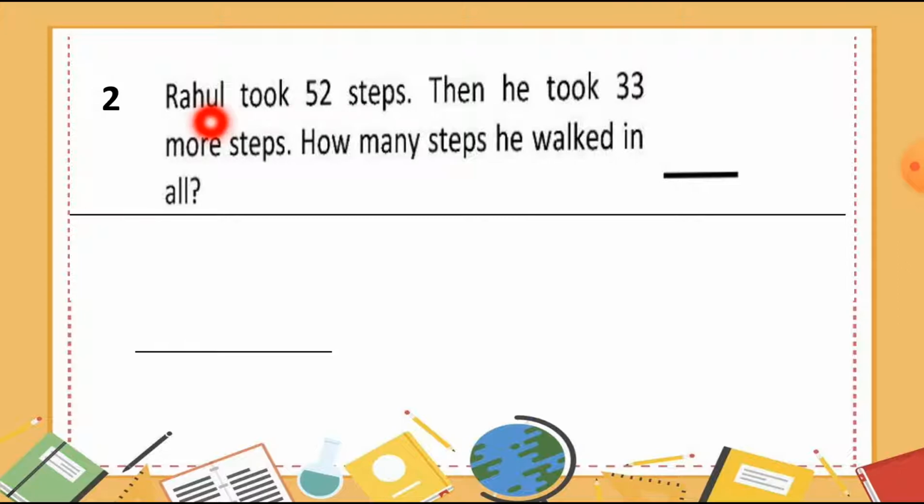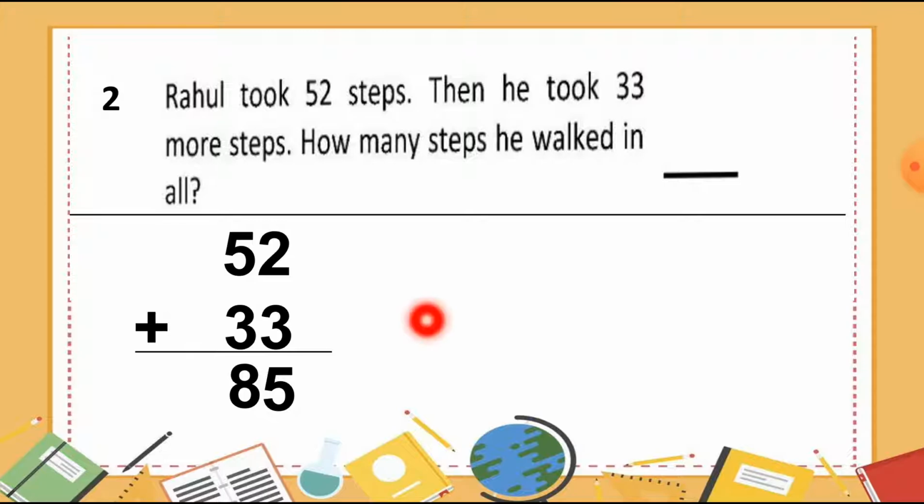Next example. Rahul took 52 steps. Then he took 33 more steps. How many steps did he walk in all? First of all he took 52 steps and then 33. So in all means addition. So we have to add these two numbers, 52 plus 33. In this, 2 plus 3 at the ones column is equal to 5, and 5 plus 3 is equal to 8.